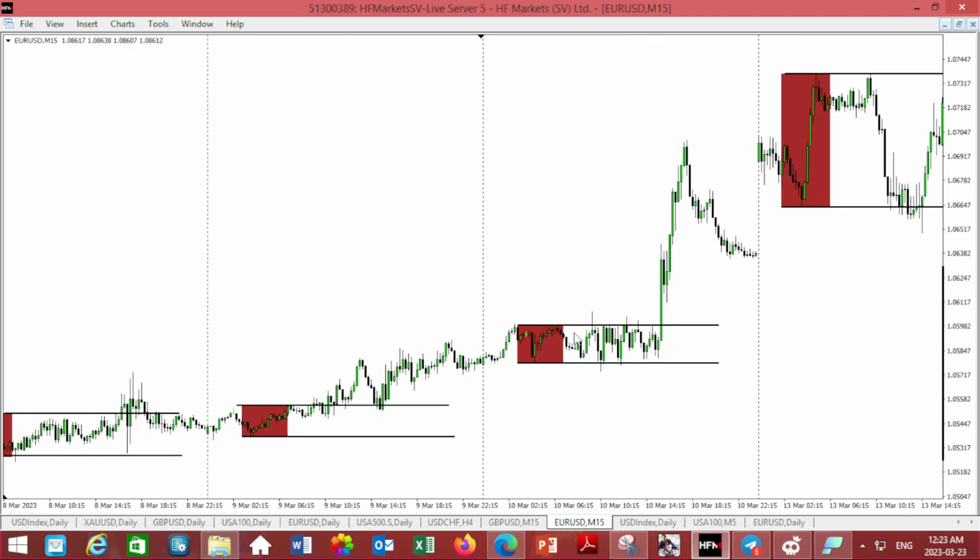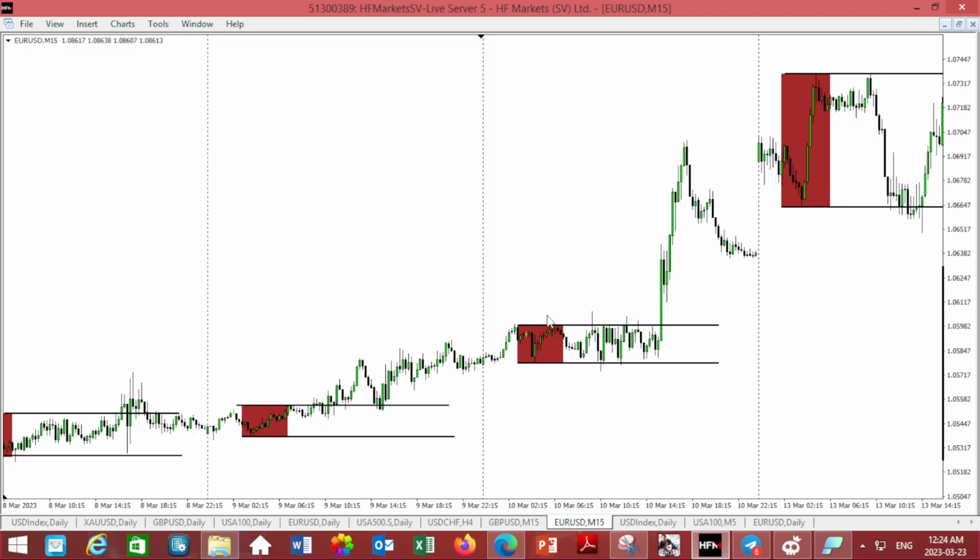And here it was an NFP day, if I remember. So you can see how price can be held inside this range here, held very tightly inside this range, and then on the news release, boom, look at how they are holding it. They tap the buy stops and then go down and tap the sell stops.